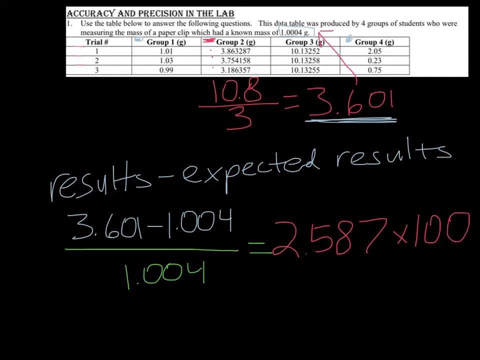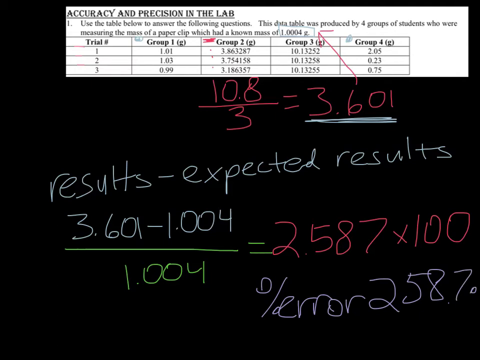So my actual percent error is 258.7%. They were definitely way off of the goal. An error of 258%, if you tell someone that, they understand that they were extremely far away from the goal, and therefore, they were inaccurate.